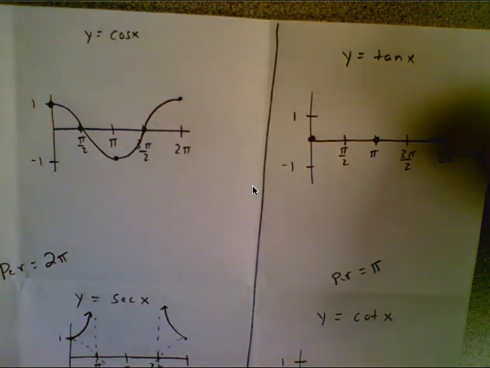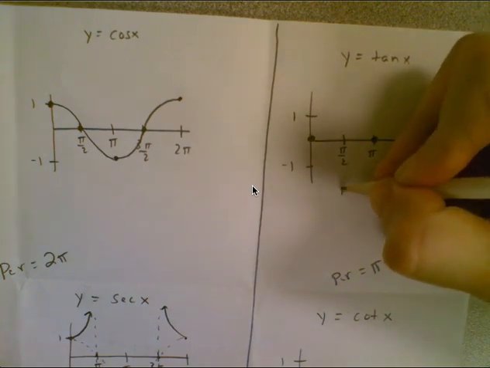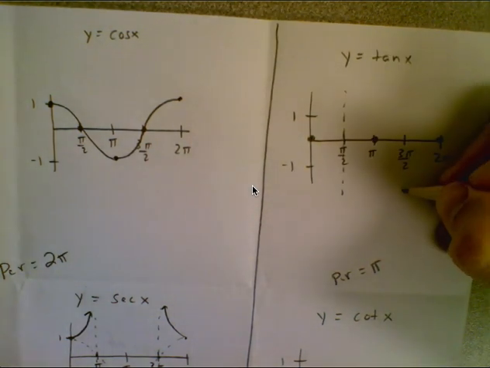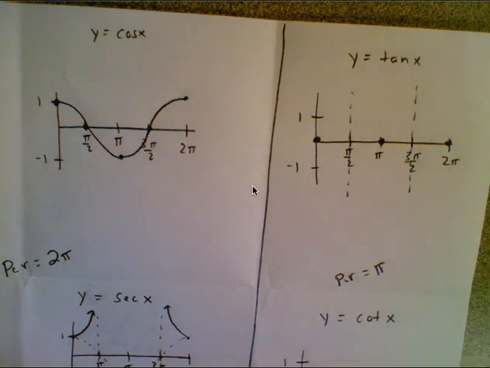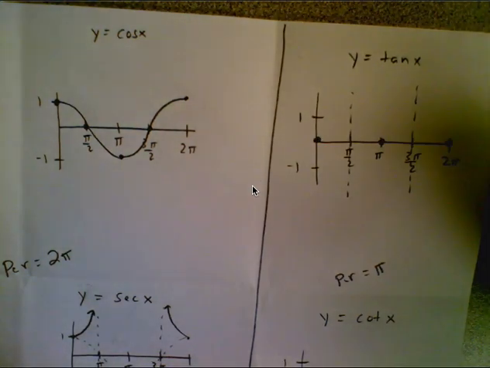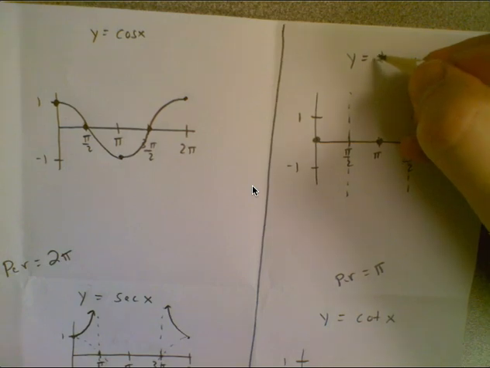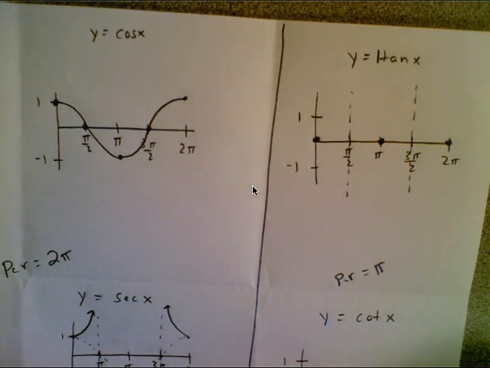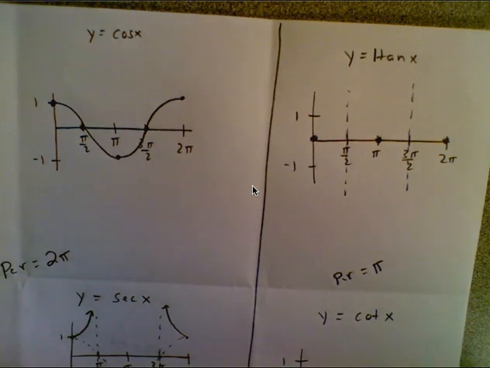Another thing we discovered about tangent is that the asymptotes are in between those middle points. So for tangent, we're going to have asymptotes here at pi over 2 and 3 pi over 2. Then if we want to be really fancy with this, the amplitude of tangent we don't say exists. There's not really an amplitude, but there is an a value here, a 1. And what that tells us is how much the graph is stretched.